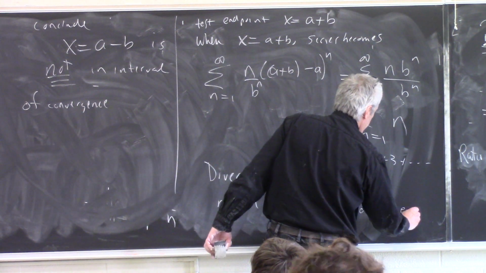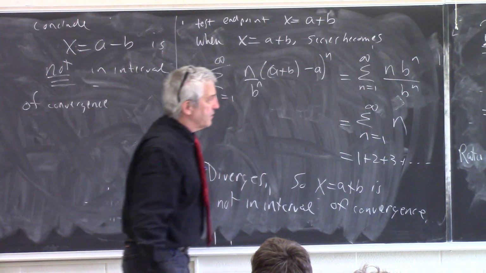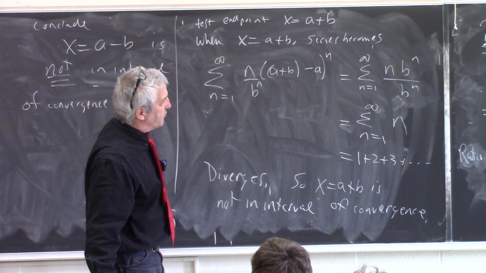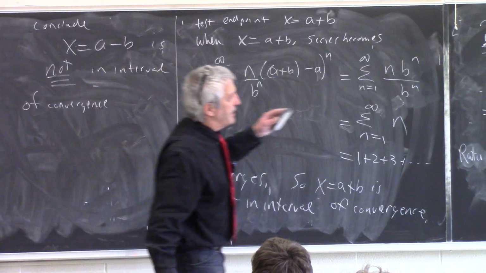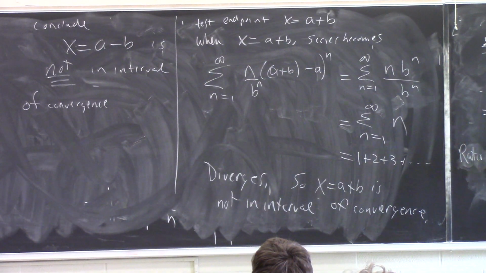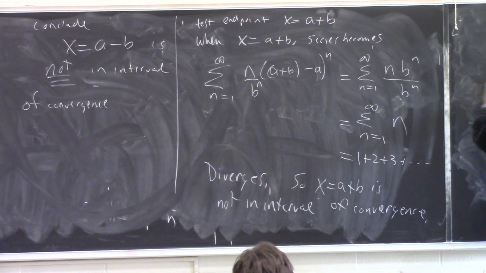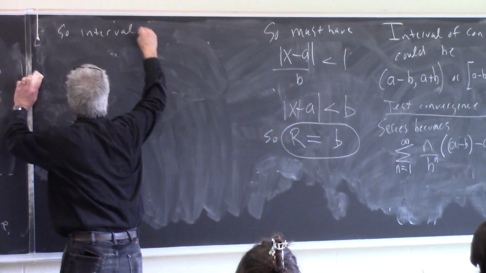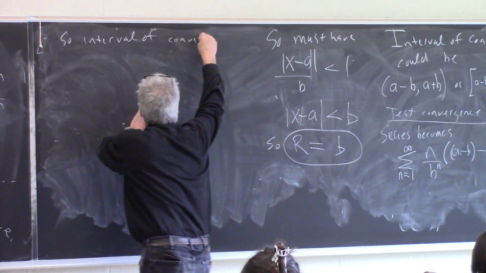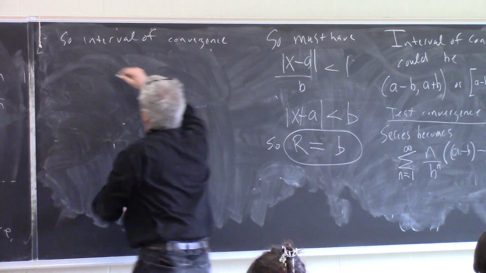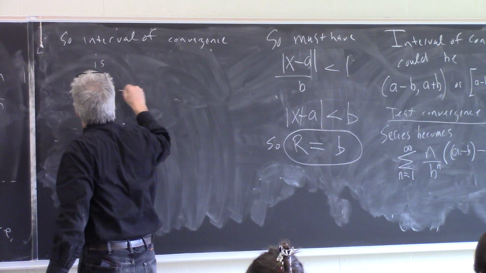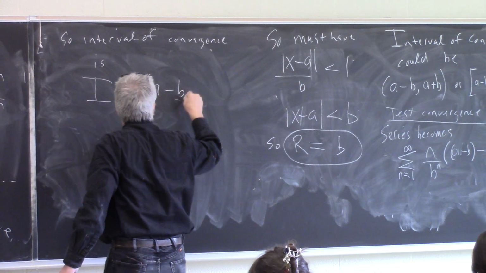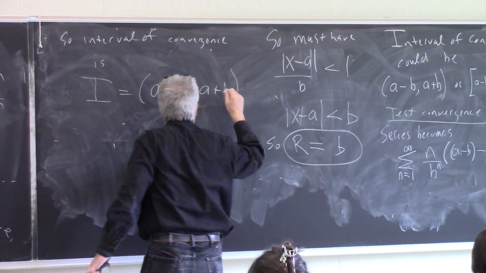I would suggest when you write up problems, don't just sit at WebAssign and do homework, but actually write stuff down. Write down stuff like this. Write down what you're doing. Write down what you're testing so that you are clear with yourself what you're doing and you're clear with the reader what you're doing. So the conclusion is the interval of convergence is I, and it goes from a minus b without the endpoint to a plus b without the endpoint.